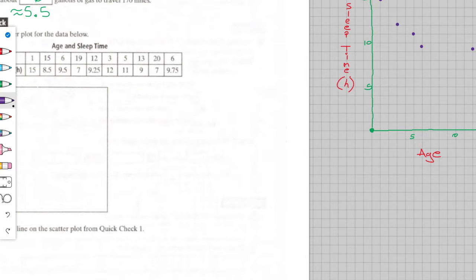And then the last one's 6 and 9.75. So 6 again and 9.75. So we got another one. It's going to be a little bit down there, but it's kind of cramped together.